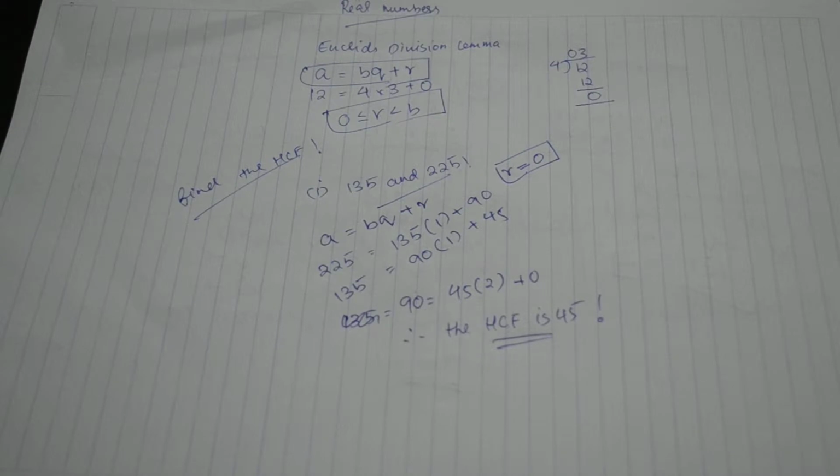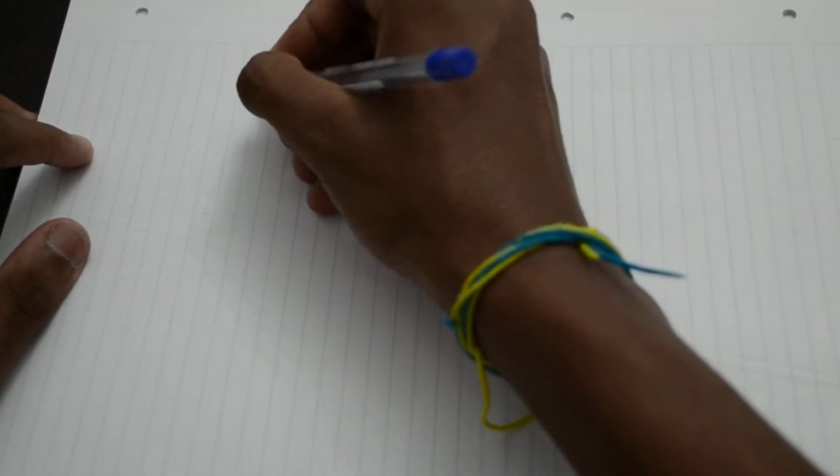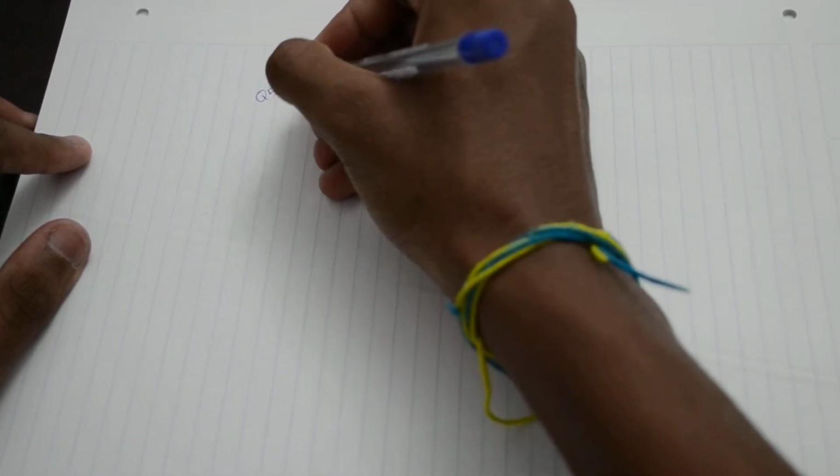And now the second concept we'd need to solve the first exercise with ease is using Euclid's division lemma to manipulate. We can do so by taking the example of the last question of the first exercise, question number 5.